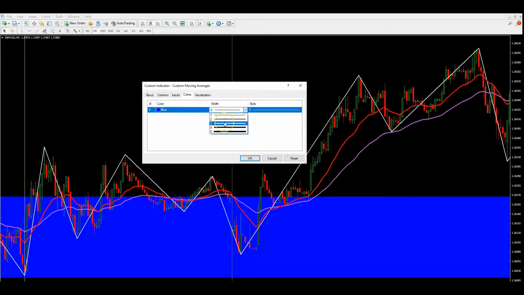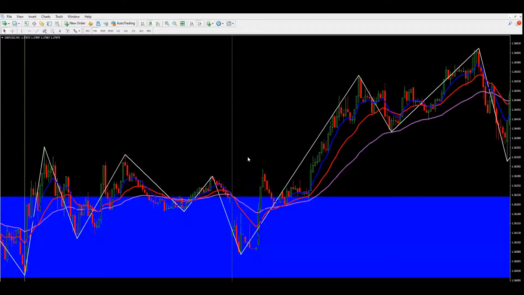So let me just change this first, and I'm changing this to number 8, and triple click for exponential. And let me check again. Okay, and click OK.